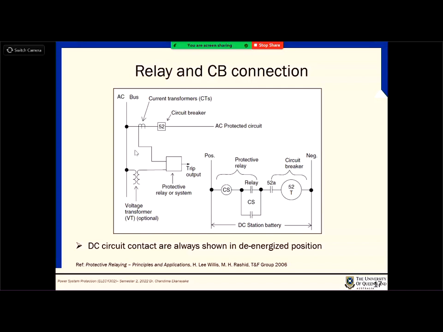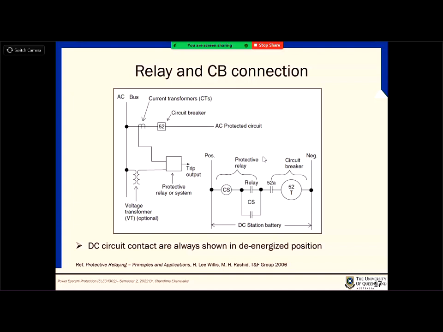Yeah. So you know that there's a DC part, right? DC batteries and all. The reason is that all this part works under DC operation, so you can see these relay indications, and then 52T is the circuit breaker indicator, right? And then all these things show how that circuit operates. That's all, right?